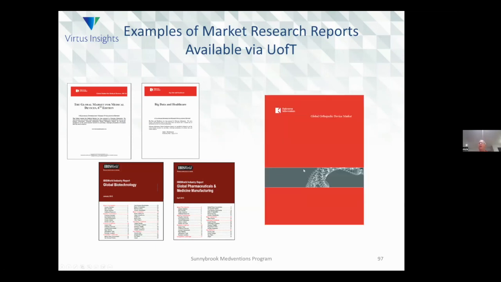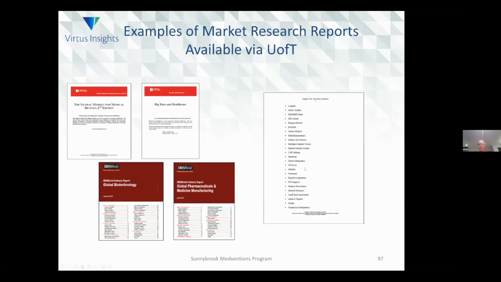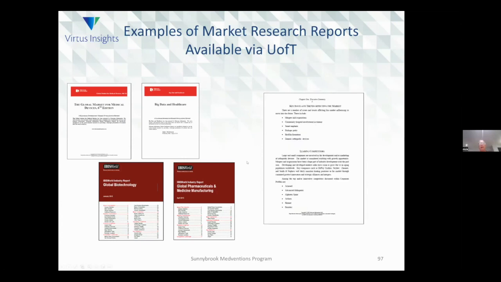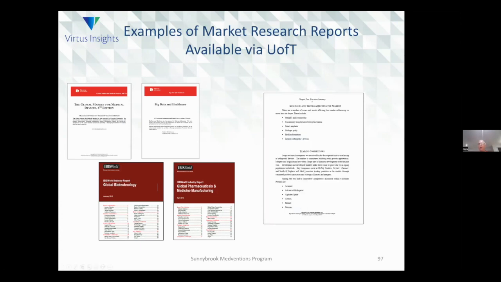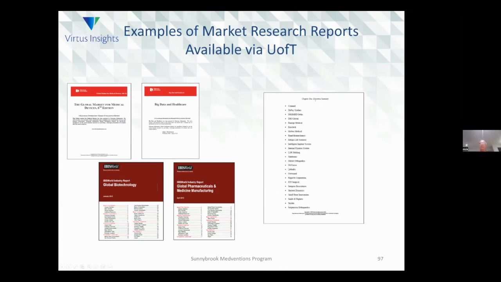A report like this can cost an organization $2,000 to $3,000 up to $5,000, and it can take you weeks to collect this information. But if you're astute and you are able to leverage some of these rich resources that are available in the University of Toronto library system, you can empower yourself with excellent data on the marketplace, including a real solid understanding of the competitive landscape and all the leading companies that are playing in the various markets you may be focusing on.